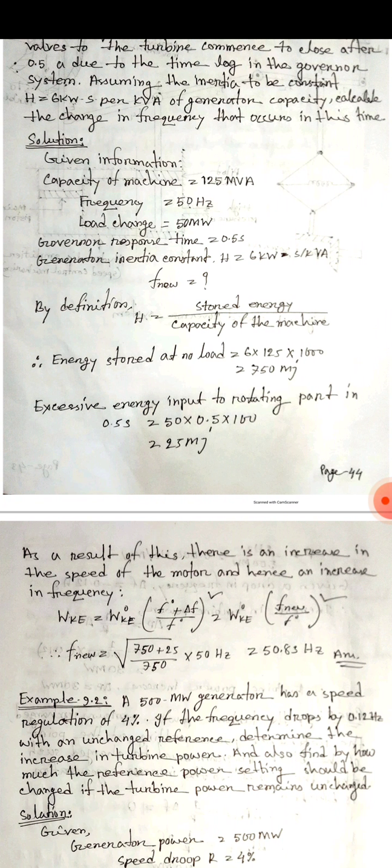So the energy stored at no load is 6 into 125 into 1000 equals 750 megajoules. Excess energy input to the rotating part in 0.5 second equals 50 into 0.5 into 1000 equals 25 megajoules.